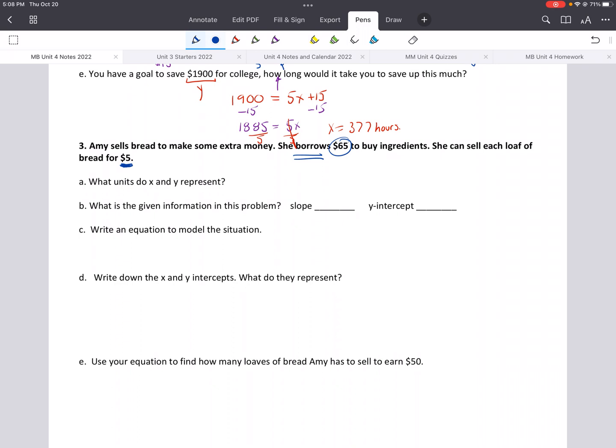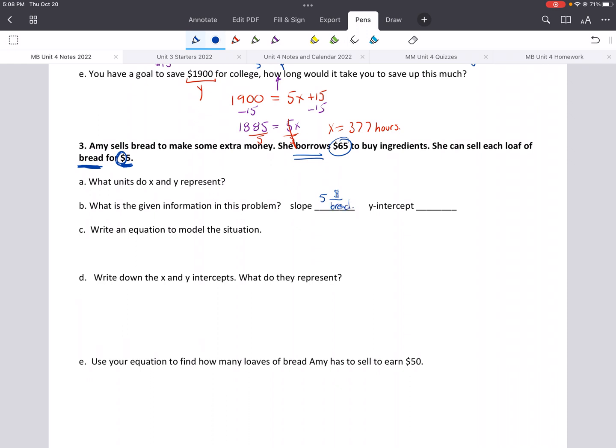Okay. So we want to figure out the units. So it looks like we have units of bread and we have dollars. Okay. So we get, it's $5 per bread. So that might be helpful too. $5 per bread.